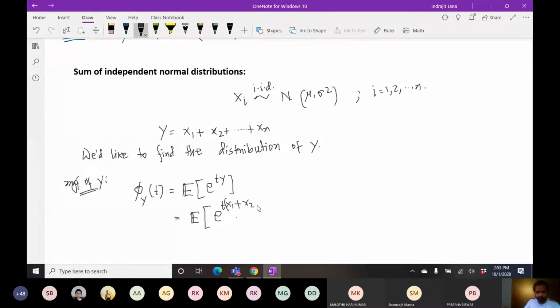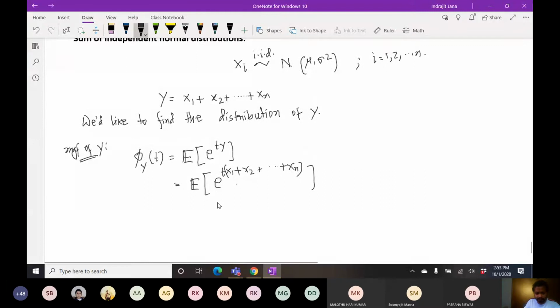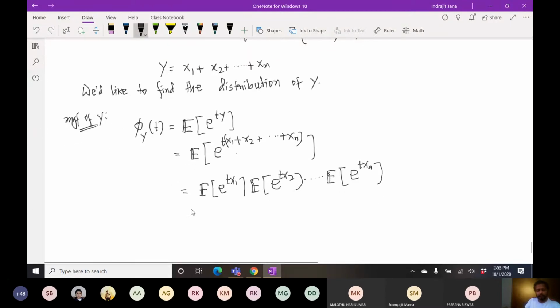Using the independence, we can split this expectation as the expectation of e to the power t x1 times the expectation of e to the power t x2, and so on, up to the expectation of e to the power t xn.